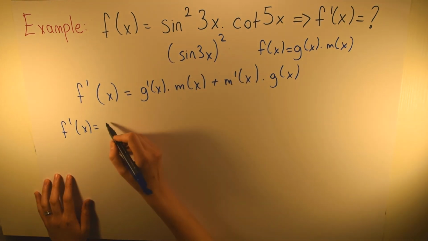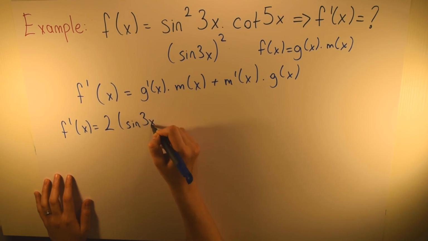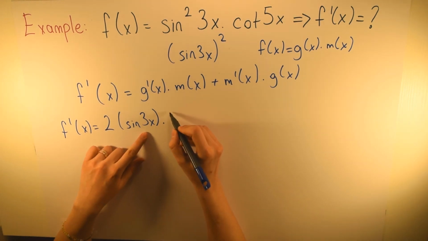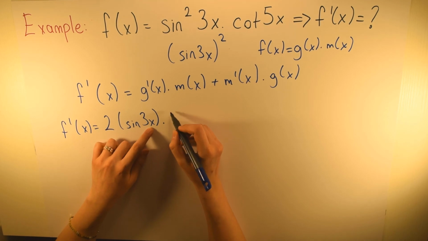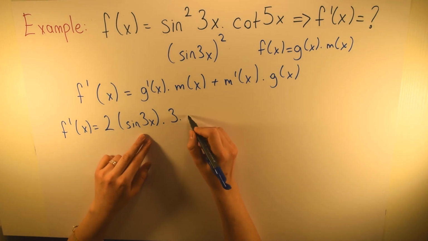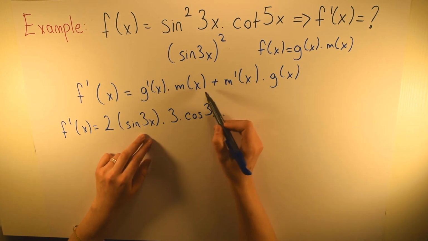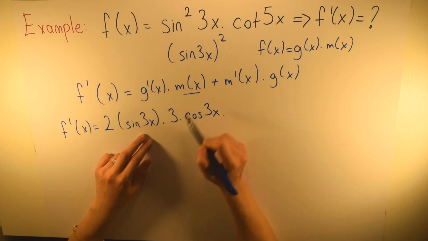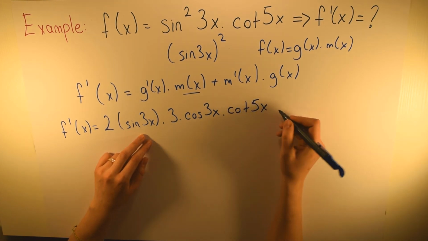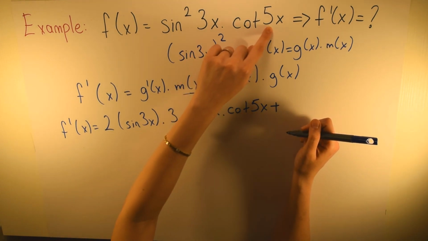So I put this 2 in front of the parentheses, and after that it will be sine 3x, and then times the derivative of inside, the derivative of 3x, which is 3, times, I know the derivative of sine is cosine, so this will be cosine 3x, times, I also need to multiply this by the second function, cotangent 5x, plus the derivative of the second one, which is cotangent 5x, right?